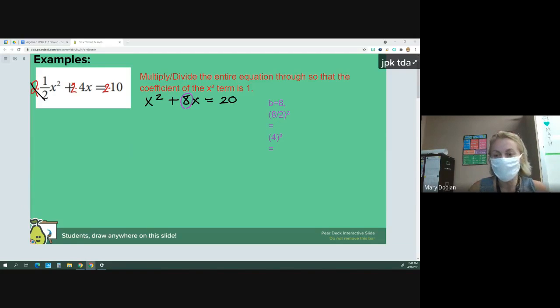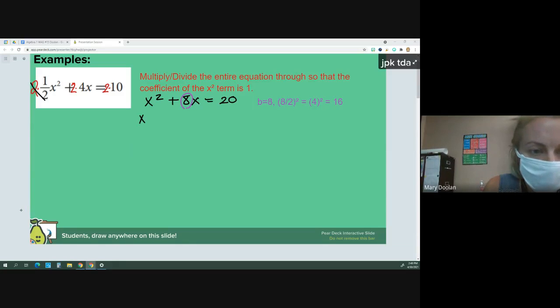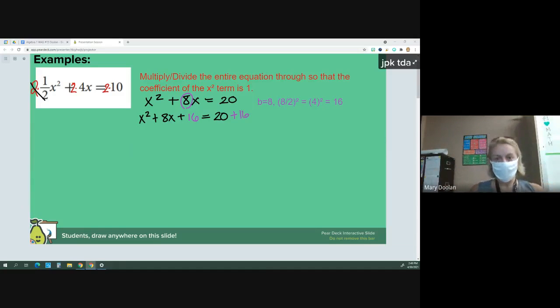Which is just 16. Okay, so then we're going to add 16 to both sides, which completes the square and sets it up so that we can solve this equation. Make sure you add it to both sides to keep both sides in balance.